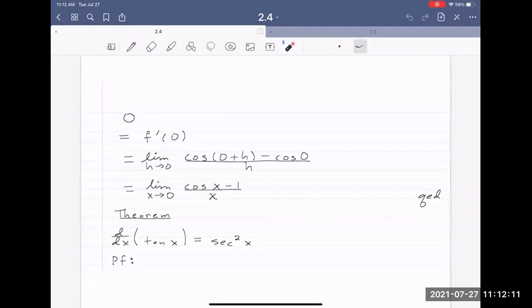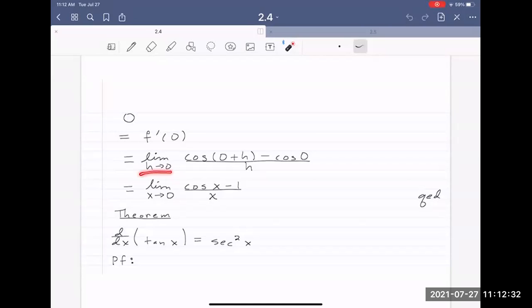Use the difference quotient definition for the derivative. So this is equal to the limit as h approaches 0 of cosine of 0 plus h minus cosine of 0, over h. 0 plus h is h. Cosine of 0 is 1.